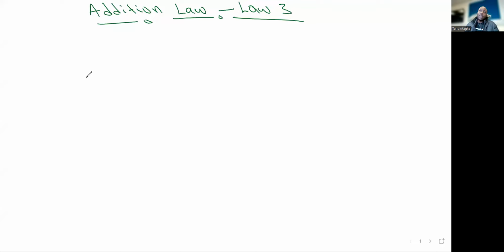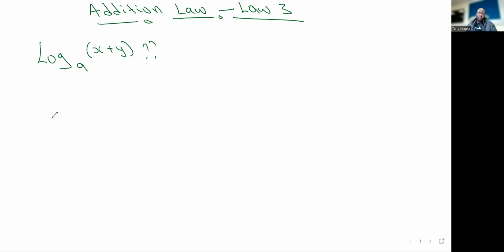What we're saying in the addition law is that we are having something like log of a plus b, or let me say x plus y. How do you solve it?